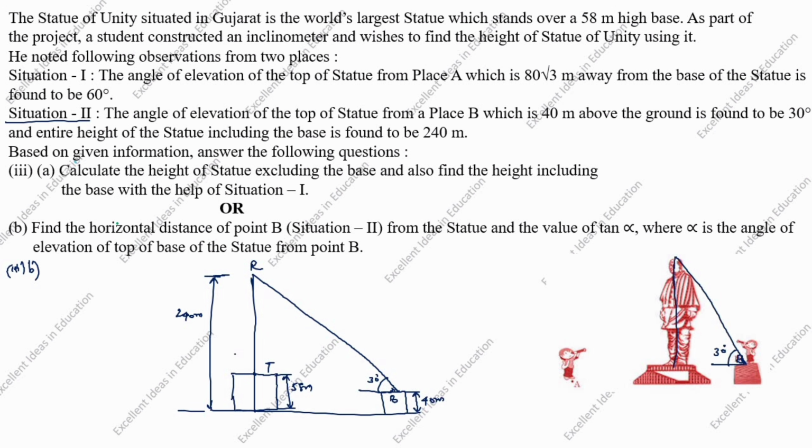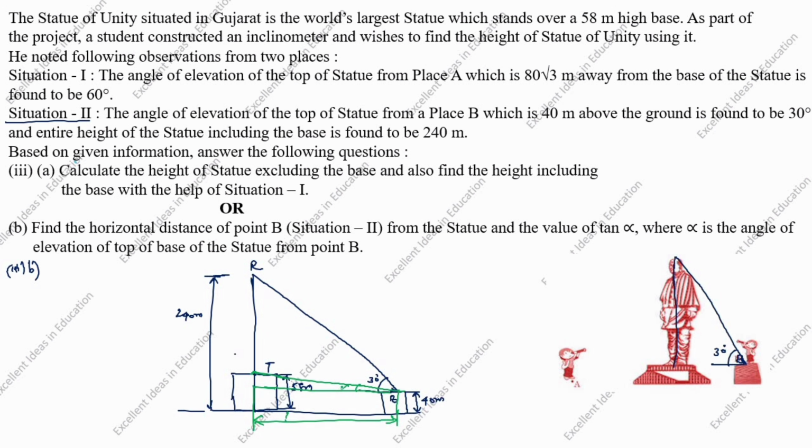What we need to find in this question is the horizontal distance of point B. This is the horizontal distance. This distance we need to find from the statue, and the value of tan alpha. So the value of tan alpha means from this point. This height is 58, right? This is 40, right? So we will join this line here.